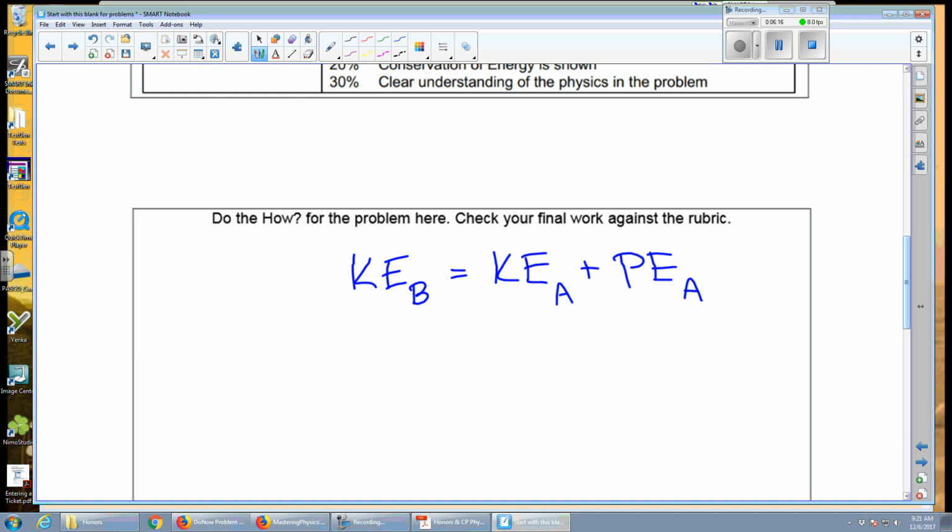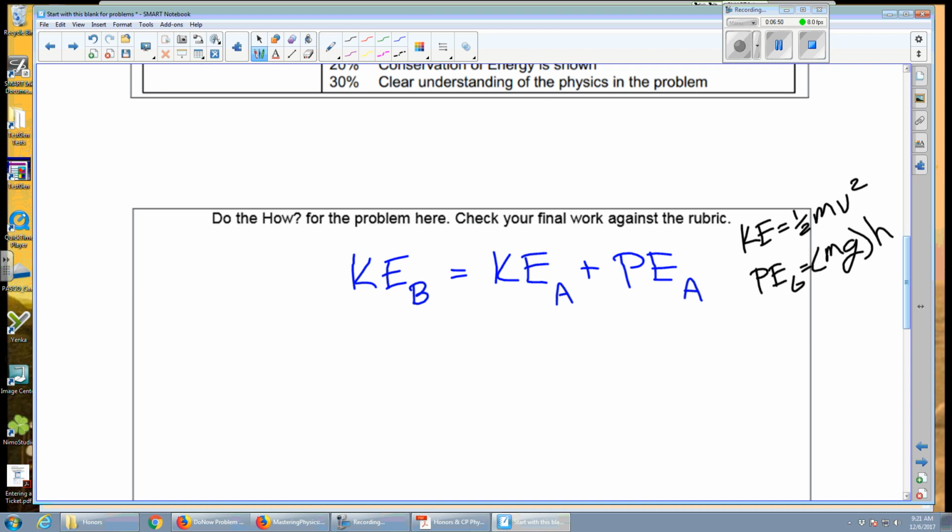And my bar graph said that, so my equation says that. Then I grab my handy-dandy equation sheet and pull off that KE is 1/2 inertia speed squared, and PE grav is the gravitational force, otherwise known as the weight, and the height. Right? Those are just from the equation sheet. Our handy-dandy friendly neighborhood equation sheet.